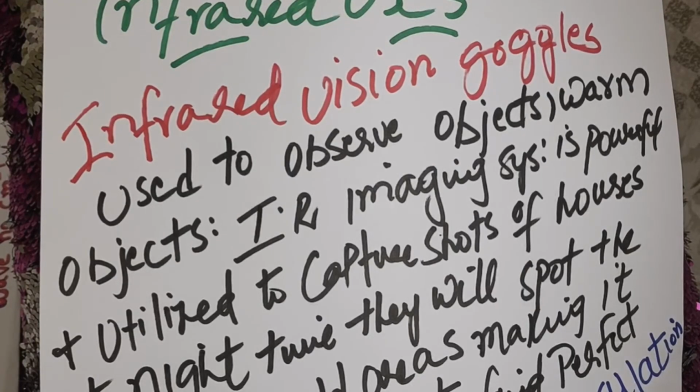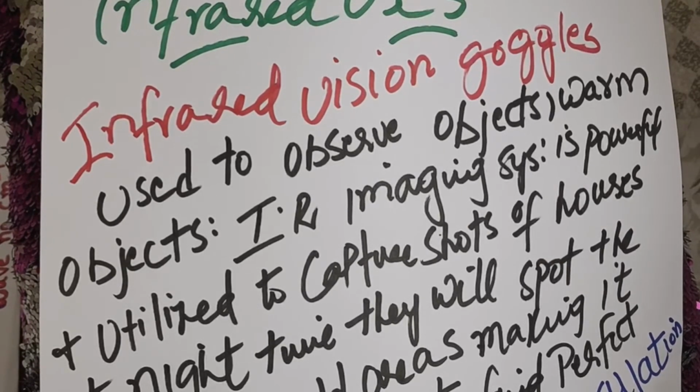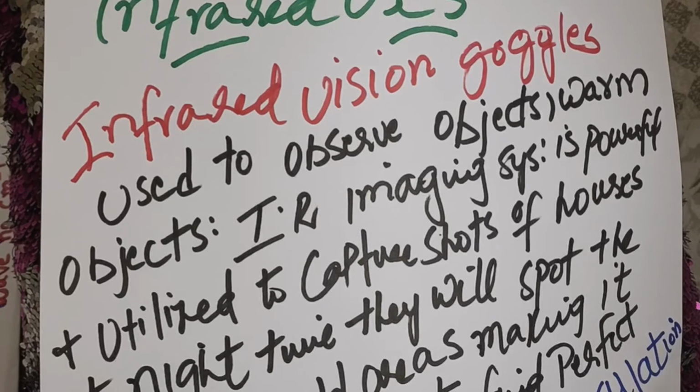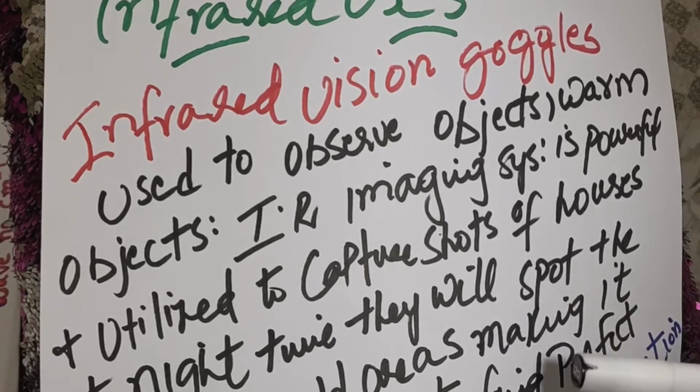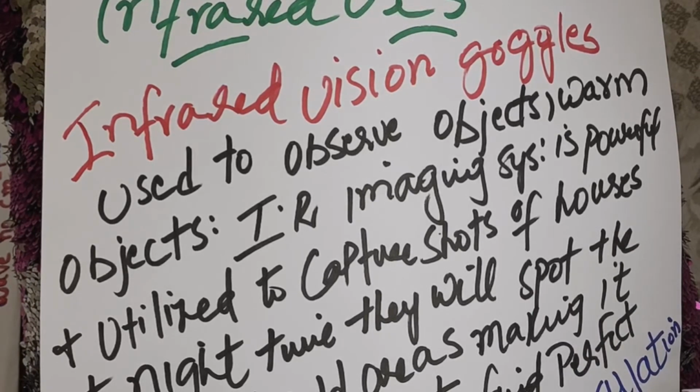Infrared uses. Infrared vision goggles are used to observe warm objects, those that are producing heat. The IR imaging system is very powerful, and it is utilized to capture shots of houses at nighttime. They spot the warm and cold areas, making it easier to find perfect insulation.